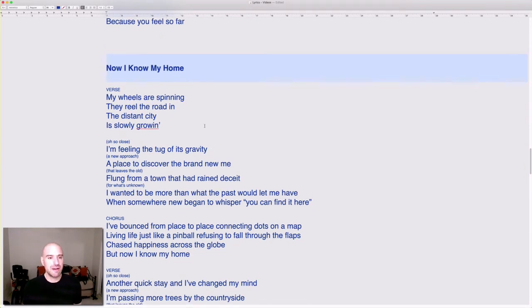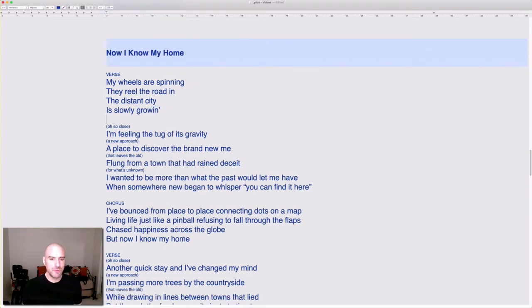So in this song, Now I Know My Home, we have this line here, which says, I'm feeling the tug of its gravity, which isn't quite within those five senses. So this is probably considered a kinesthetic sense, which is basically your relation of your body to the world around you, like if you're falling or something like that.